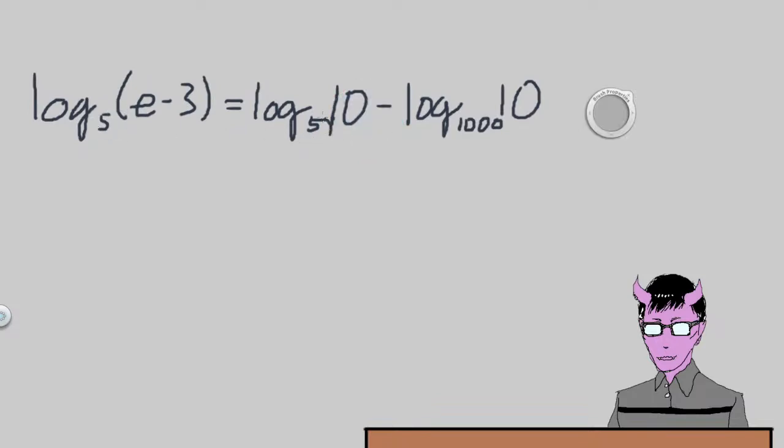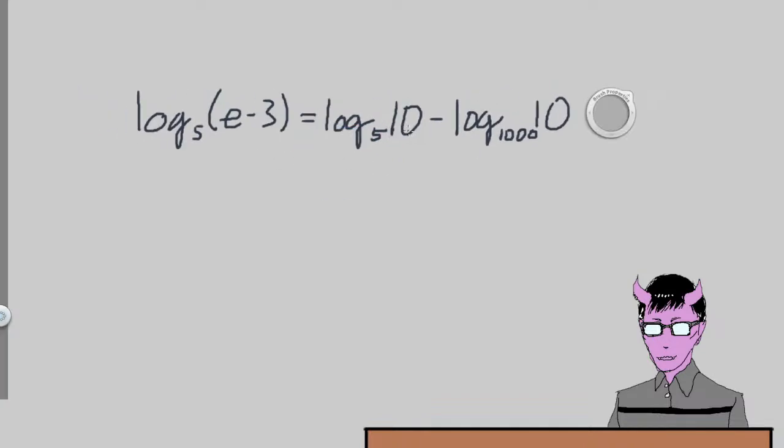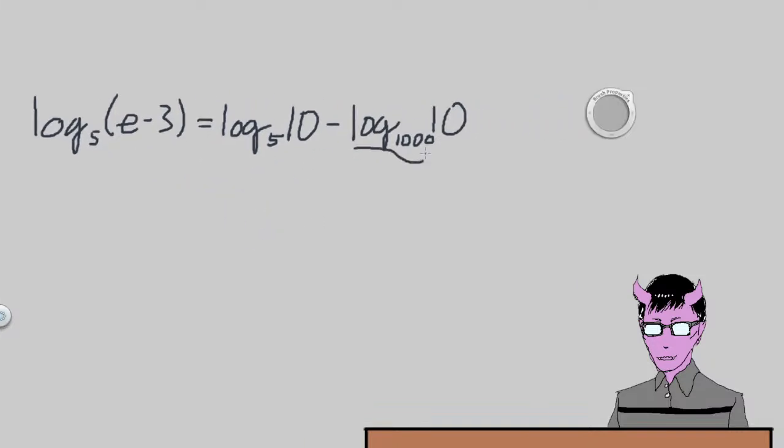So anytime you have matching bases, just get those together. So we have log base 5, log base 5. We should probably move this over to the other side, and then this is log base 1000. That's okay, because this is just a clean 10. So this one is a constant. We can manipulate it. There aren't any unknowns. So we could probably use some sort of rule to make this look nicer. It just looks funny.